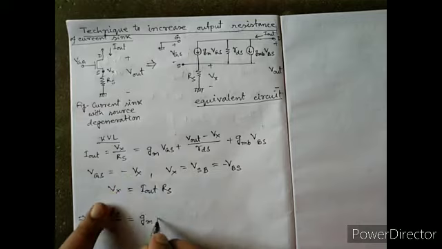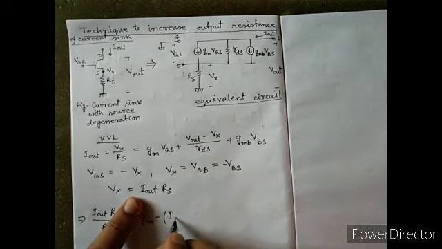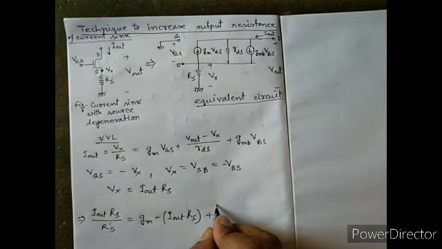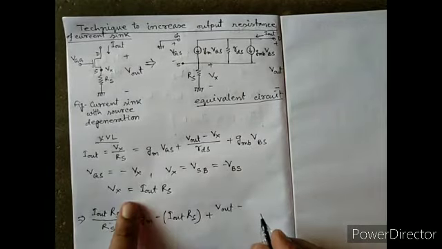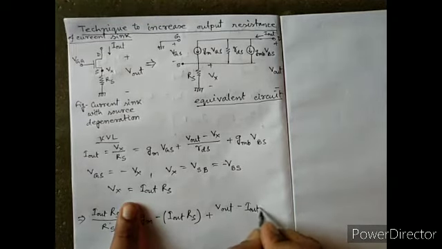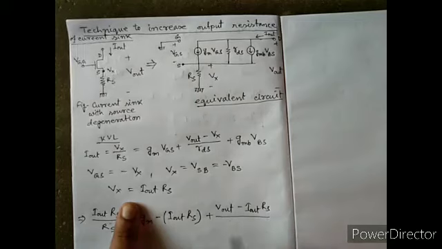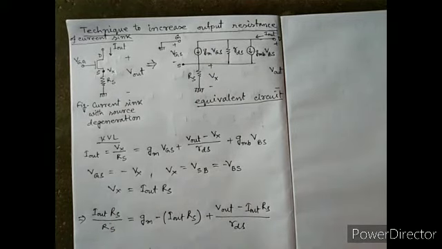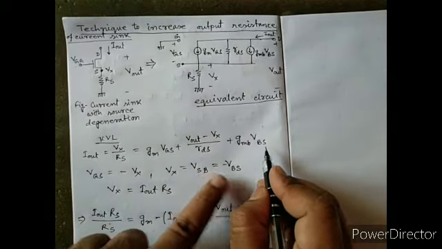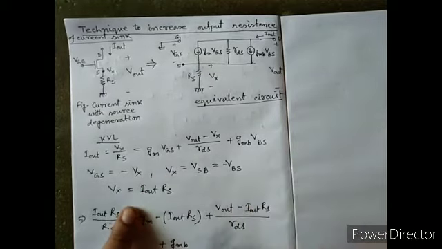So minus Vx equals minus I out into Rs, plus V out minus Vx, which is I out into Rs, by RDS, plus GMB into VBS, where VBS equals minus Vx, that is minus I out Rs.